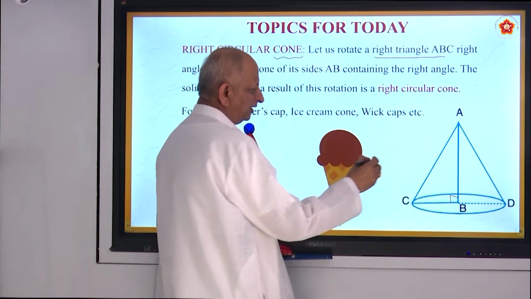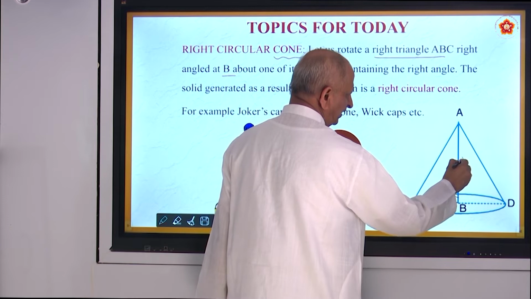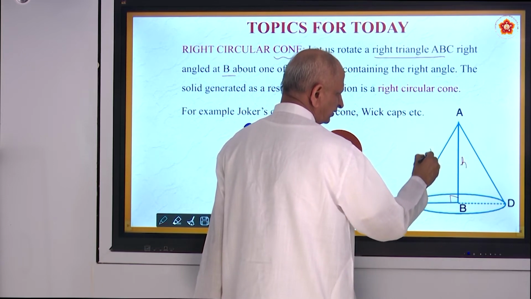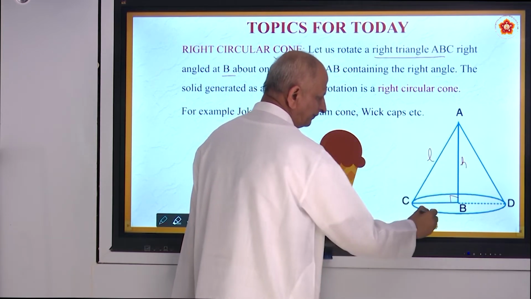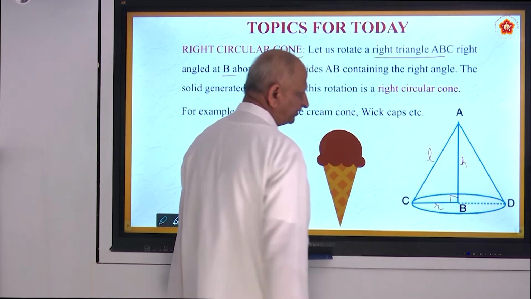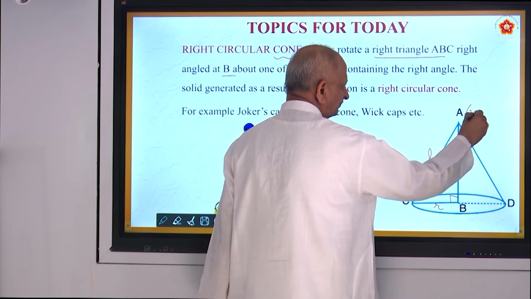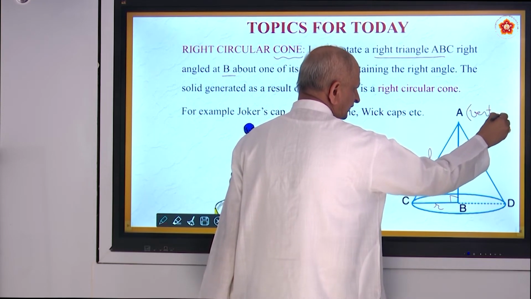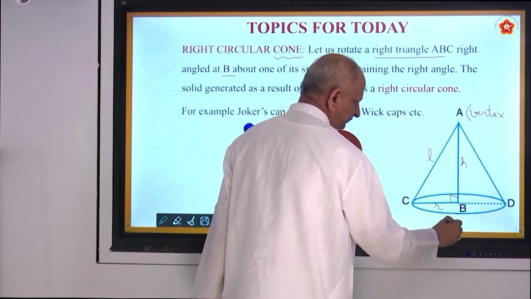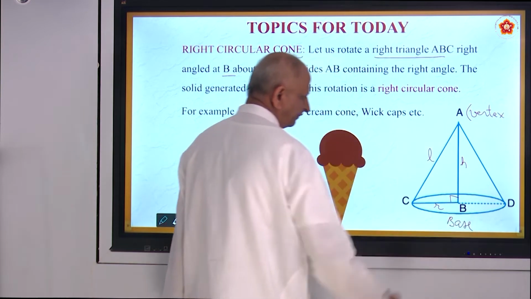And this is called the vertical height H. This is called the slant height L. This is called the radius R. And this is called the vertex. And this is called the base. What is the shape of the base?